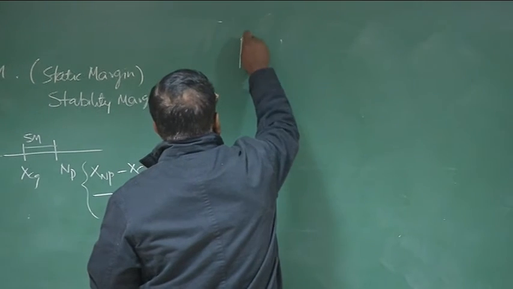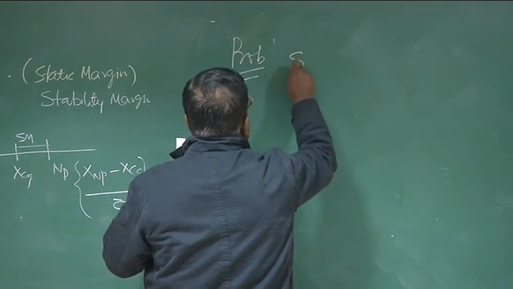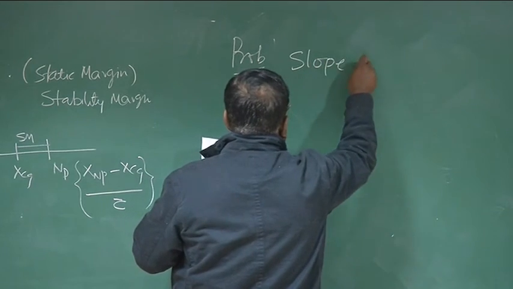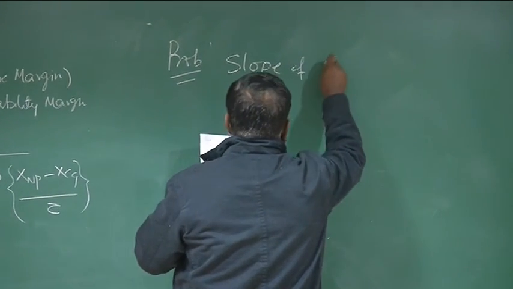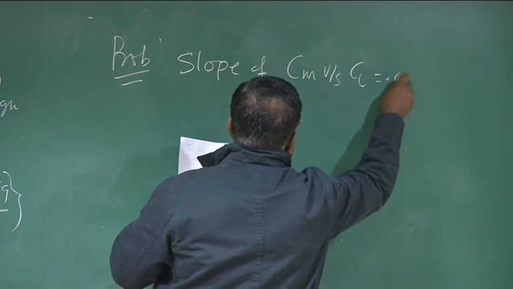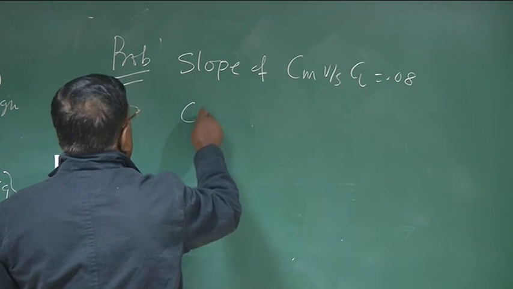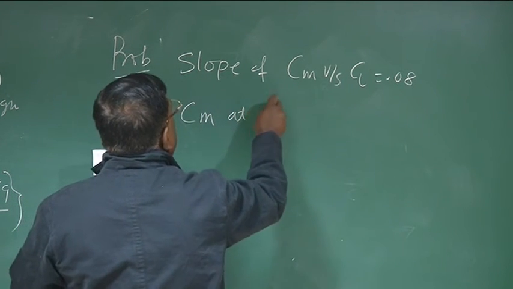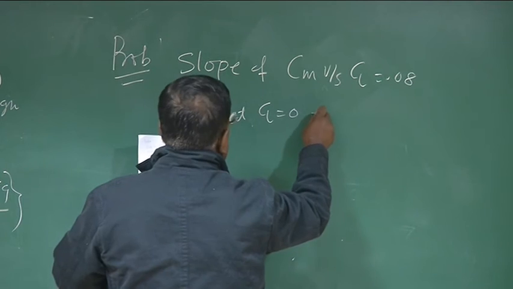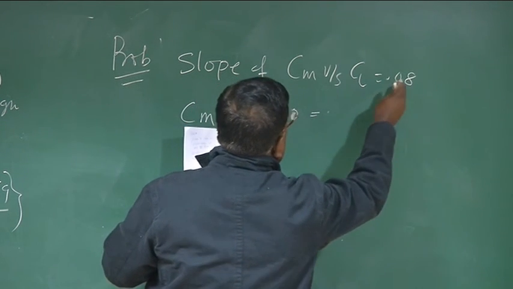The problem is this. Let me write. Slope of CM versus CL is 0.08, then CM at CL equal to 0 is... let me correct.